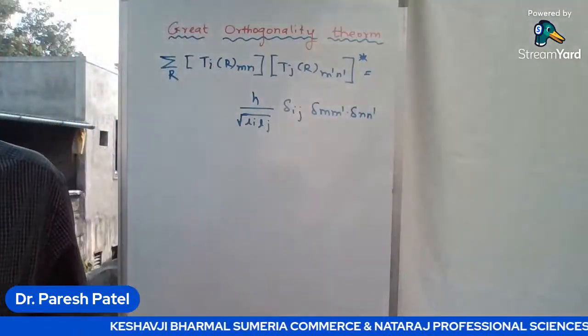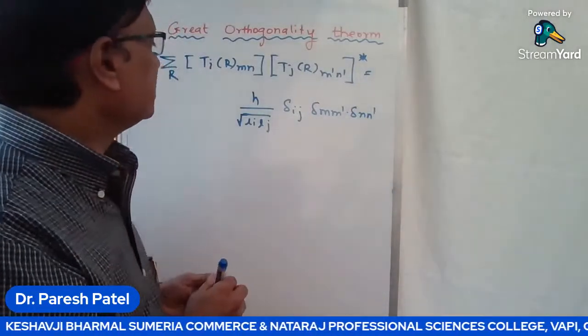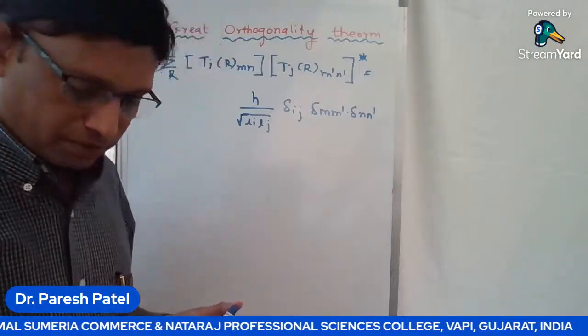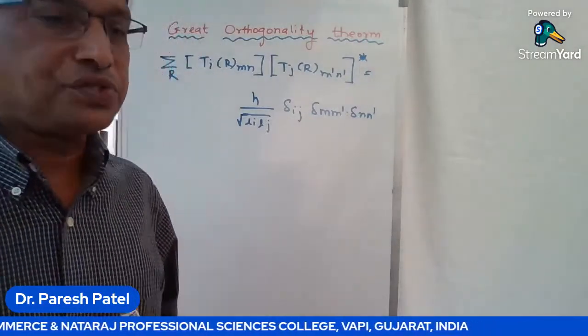So this is the relation between reducible and irreducible. This is the mathematical statement of the great orthogonality theorem.